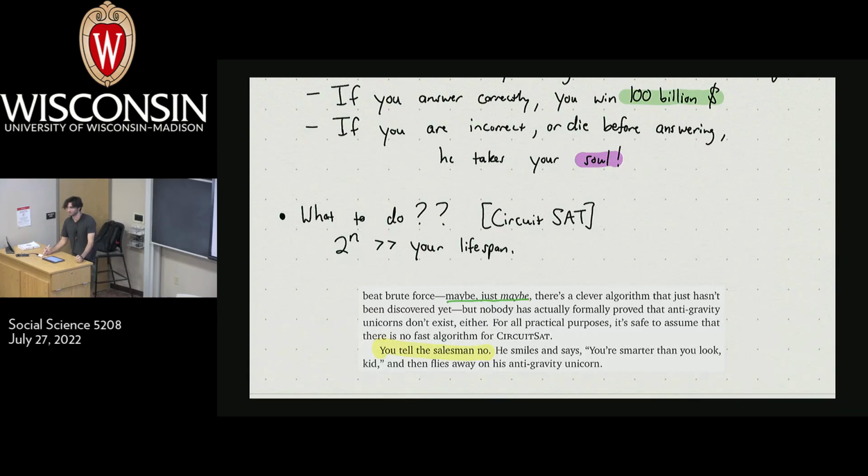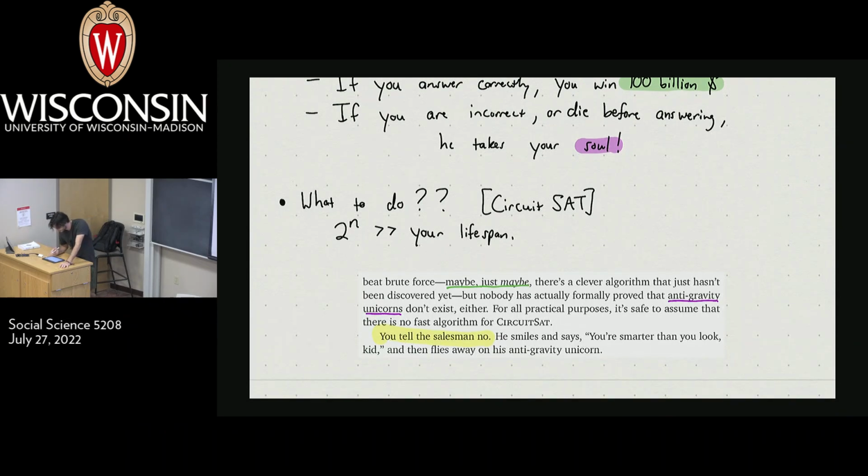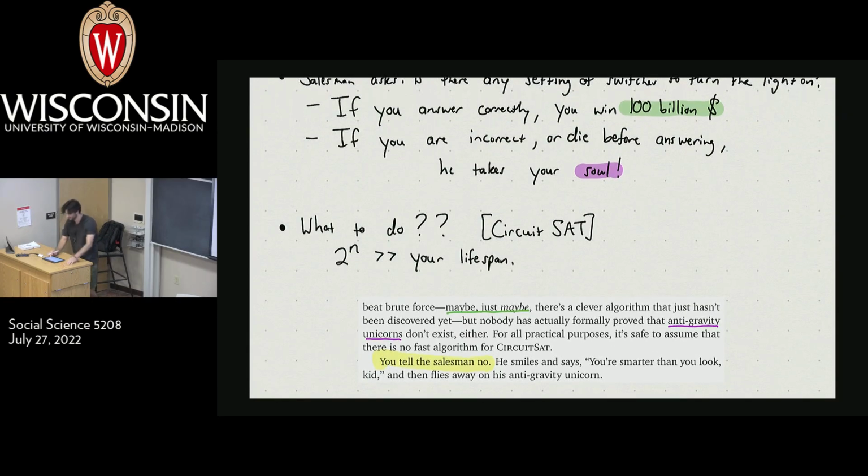I can solve this problem. Well, I ask you, even though we haven't proved there's no anti-gravity unicorns, we haven't proved it mathematically, but still probably isn't true. So you tell the salesman no, and then he smiles and flies away on his anti-gravity unicorn, never to be seen again.